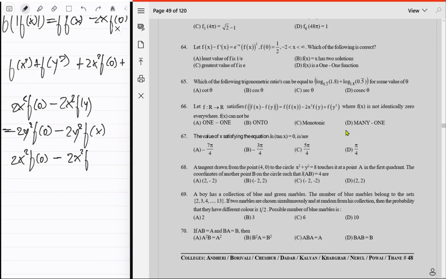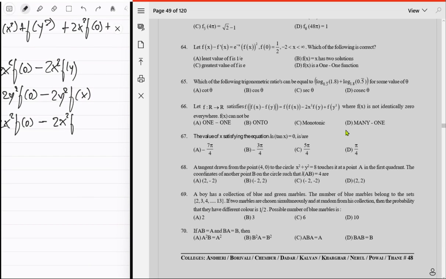I replaced this, and then this somehow works. This should happen for all x and y. 2x square times this thing is equal to that. Right. So just put y equal to something, say 1.